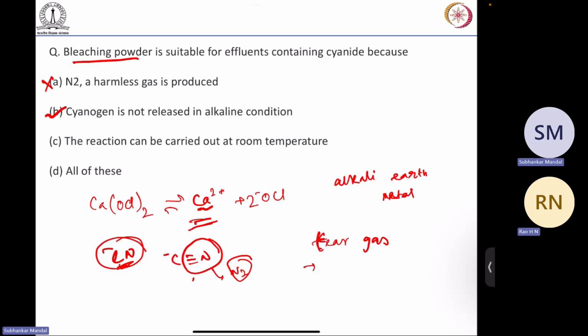We have read all these things in school time. Chloropicrin, trichloronitromethane. And some other tear gases are also there.